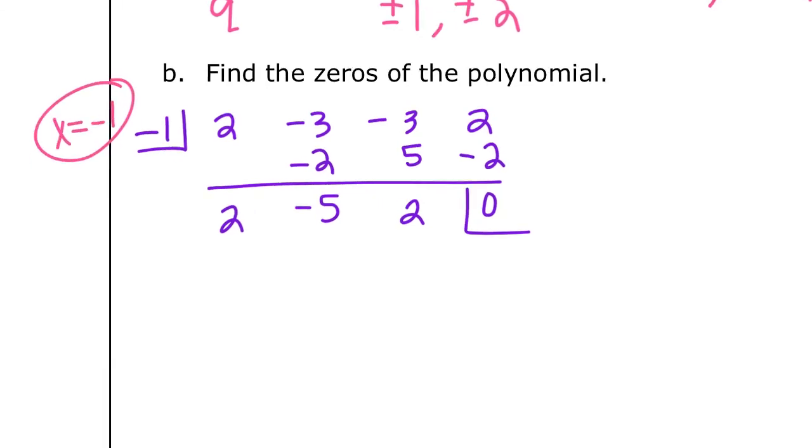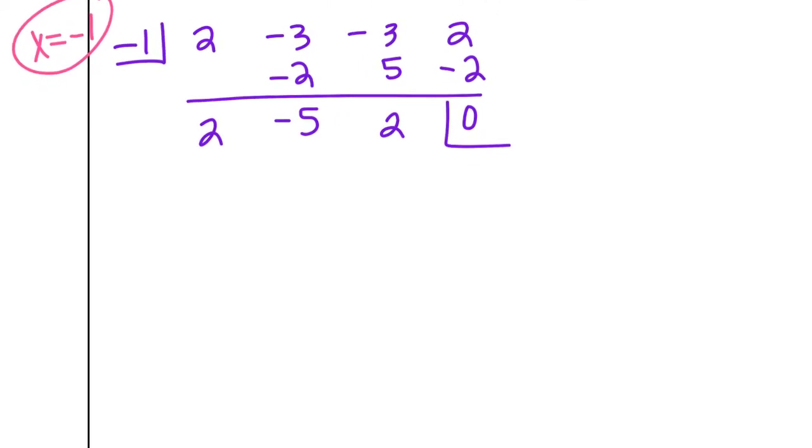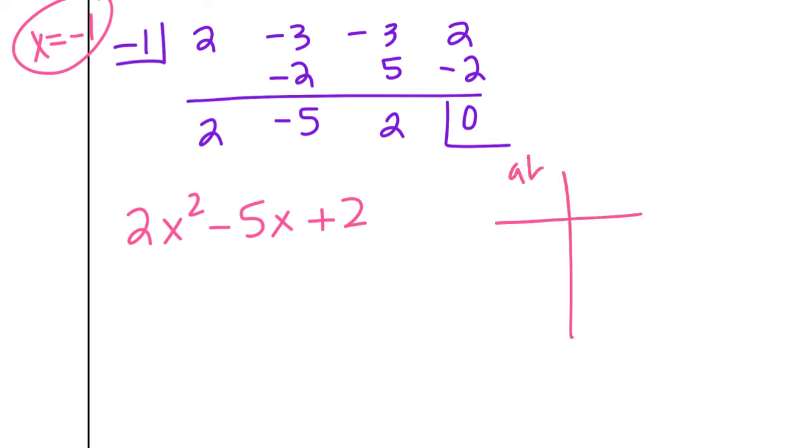But let's look to see what we have left over here. If I were to write this as an answer, this would be 2x squared minus 5x plus 2. That's a quadratic, so we can solve that by factoring. A, C, B. So 2 times 2 is 4, and we are going to need it to add up to negative 5.